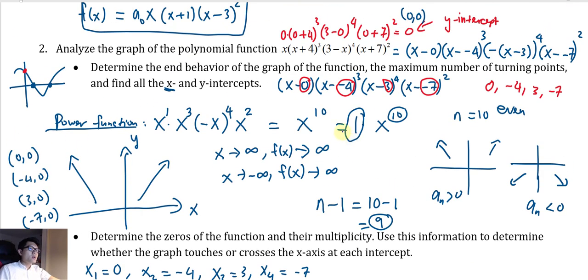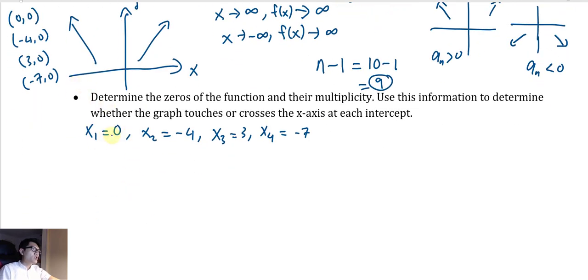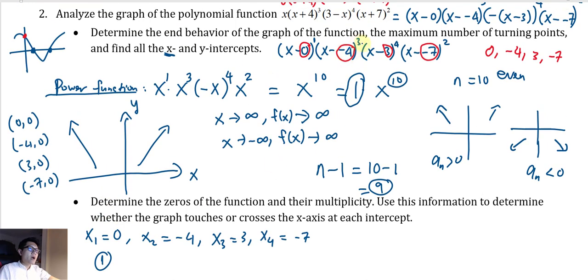I know that, go back to this one, for the 0, the root 0, I don't see any power. That means that's number 1. So for the 0, the multiplicity is 1. For the -4, we have the power of 3.